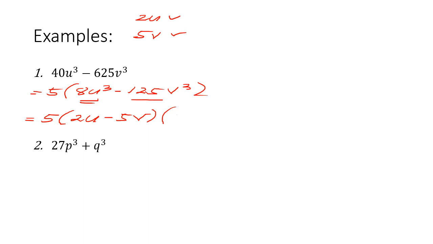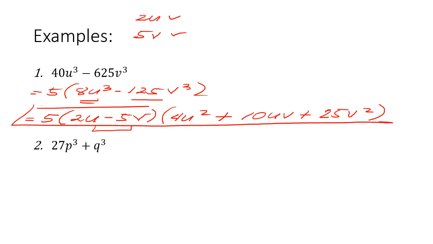The square of the first term is 4u squared, then the sign should be plus, and then the product of 2u times 5v, so we have 10uv, then the square of the last term, which is 25v squared. So this is now our final answer.